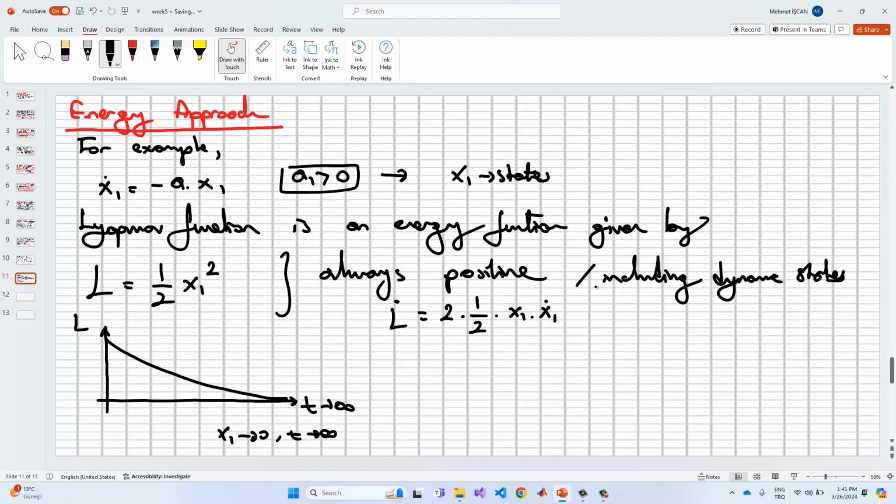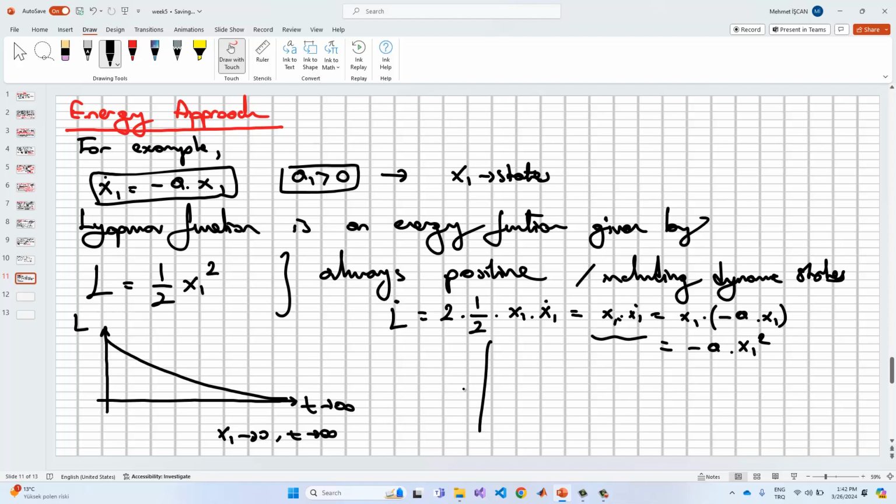Okay. And so this L dot is equal to 1 divided by 2 times 2 x1 x1 dot. This must be replaced with the x1 dot, where we have the x1 equation here, minus a times x1, and so this yields minus a times x1 square, right?